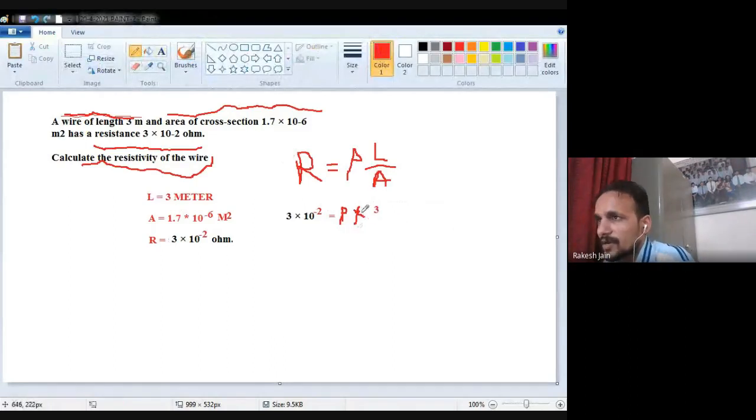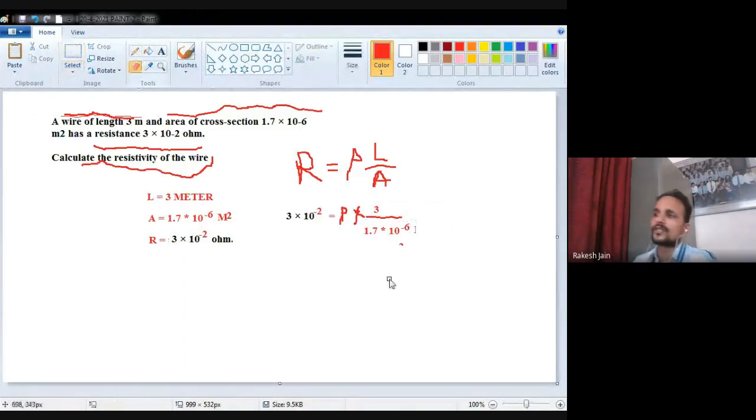Divide by A. And what is A? A is given as 1.7 multiplied by 10 to power minus 6. So it is given. All the parameters are given. We have to find out only the rho, and it is very easy with the help of basic mathematics to find out the answer.